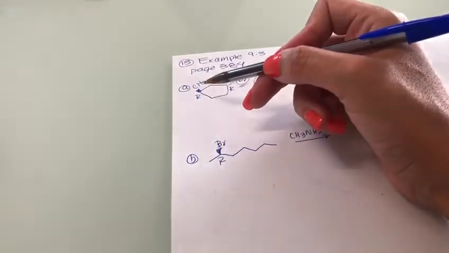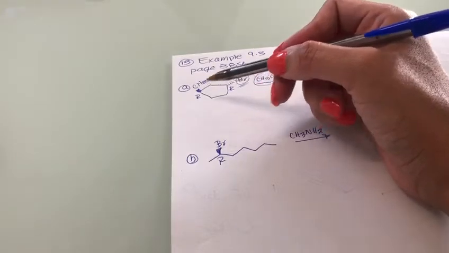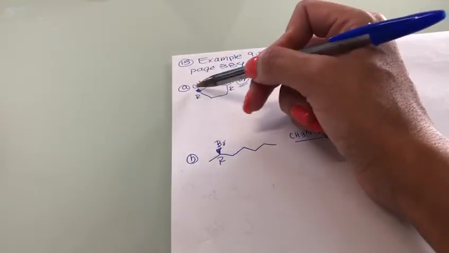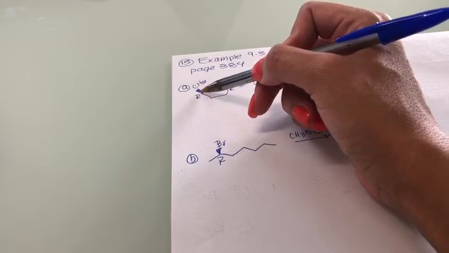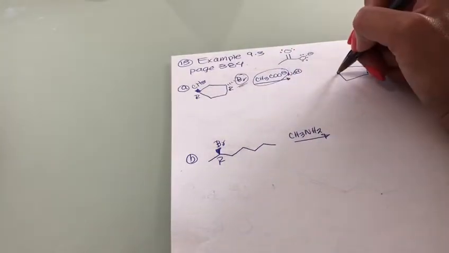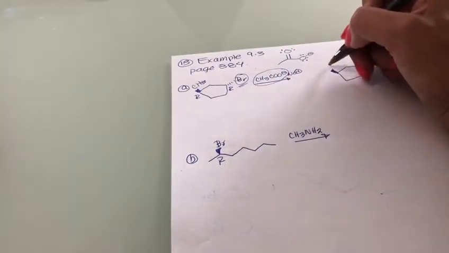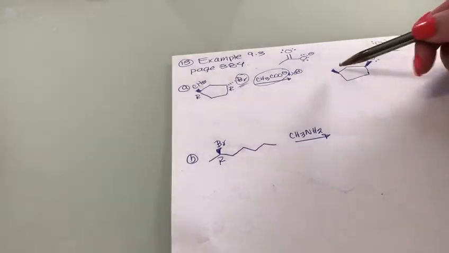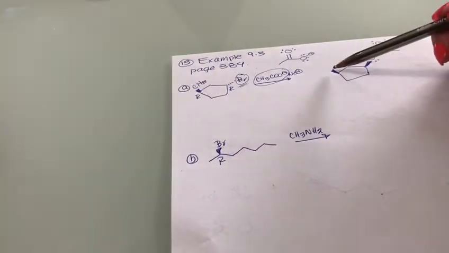And this one right here, we are not going to change the configuration of this chiral center because that wasn't the reaction side. So we're just gonna leave it the same. You do a line formula, you can leave it just like this because this means that you have a CH3 here.